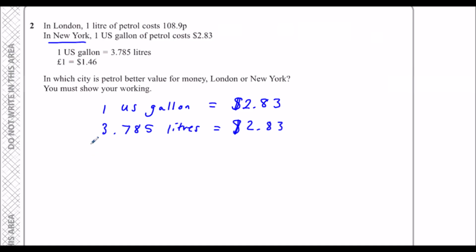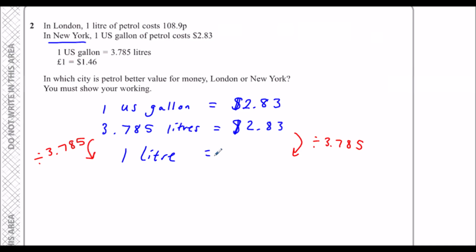Now I want to find out how much 1 litre costs, so I'm going to divide by 3.785, and that will give me the cost of 1 litre.